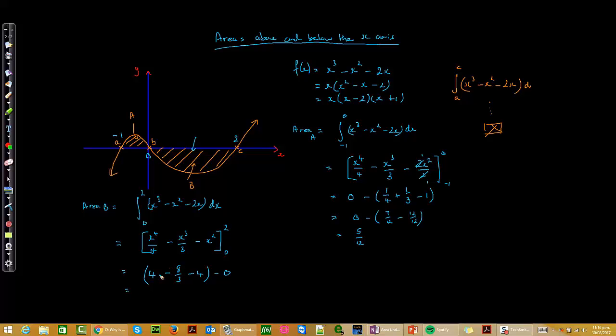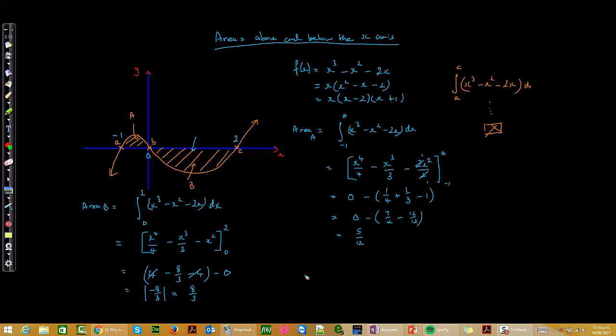So this comes out to 4 take away 4, if I'm not mistaken, just double checking that. 2 to the power of 4, 16. 16 divided by 4 is 4. 2 squared there is 4, yep. So they're going to cancel. So the area will be equal to the absolute value of this negative, which is 8 thirds.